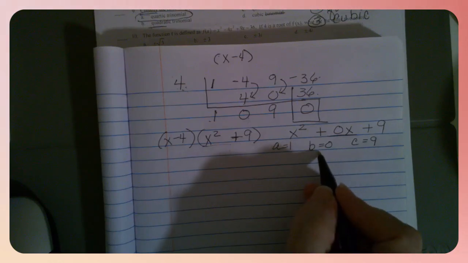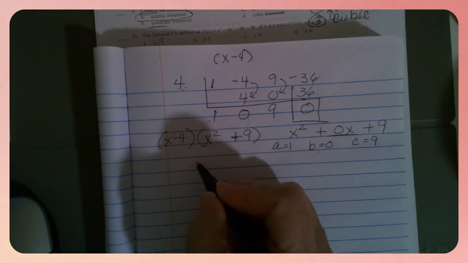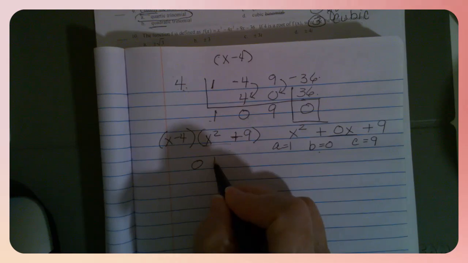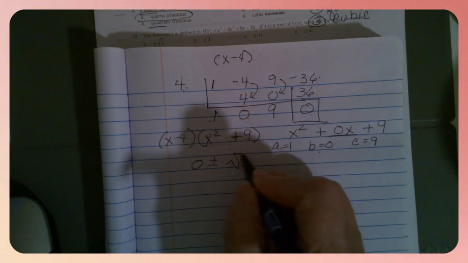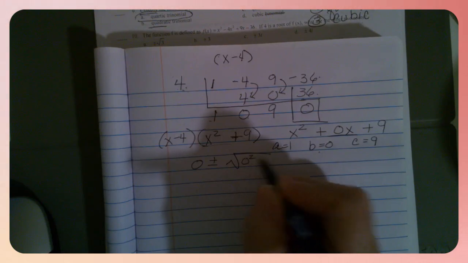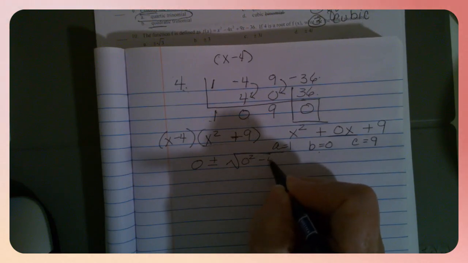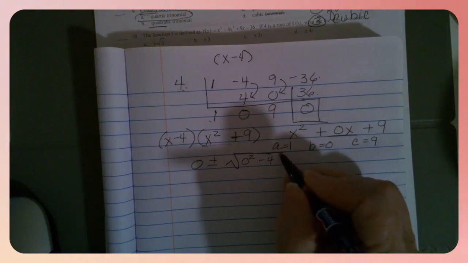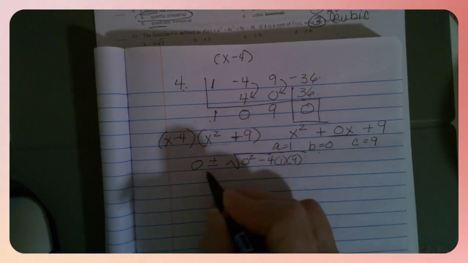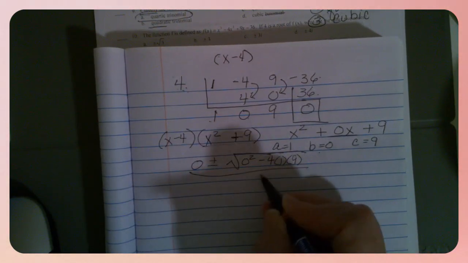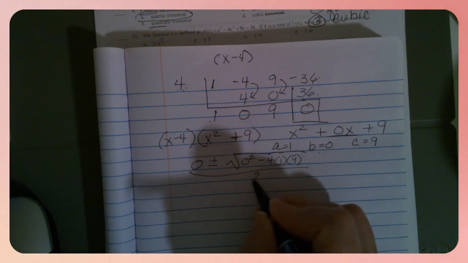All right, so negative b is 0, so I don't even have to write it, but I'll write it there just to hold the place. 0 plus or minus the square root of b squared, b is 0, 0 squared, minus 4 times a, 1, times c, 9, over 2 times a is 1.